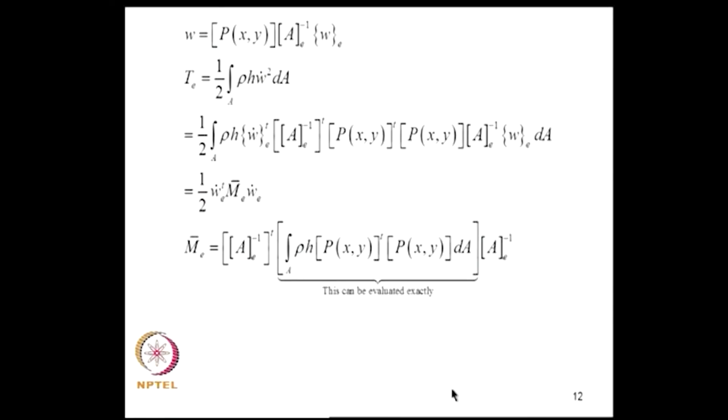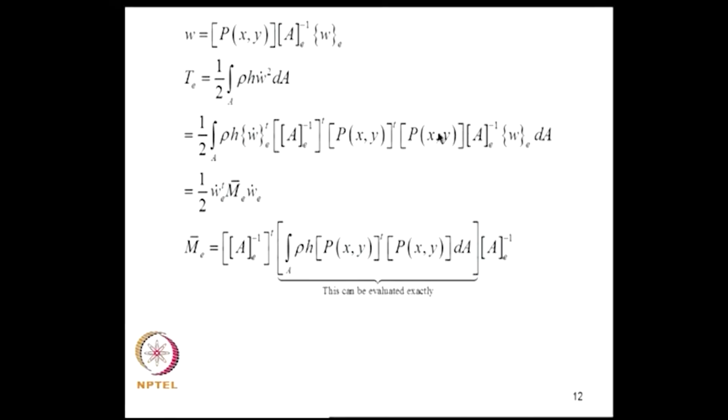Notwithstanding this limitation, as we have been doing earlier, we will proceed with the formulation. So, W now is given by P A E inverse W E. The expression for kinetic energy is half area integral rho h W dot square over the volume element. Now, for W dot I will put this, so it will be W dot transpose W dot, and if you write in that manner, we get the expression for kinetic energy to be this.